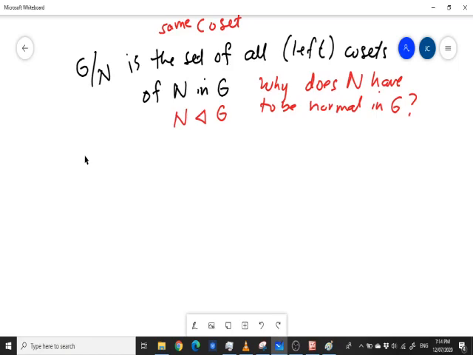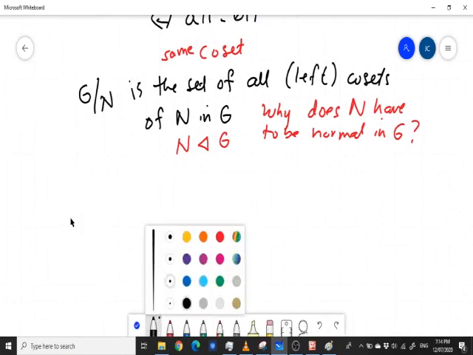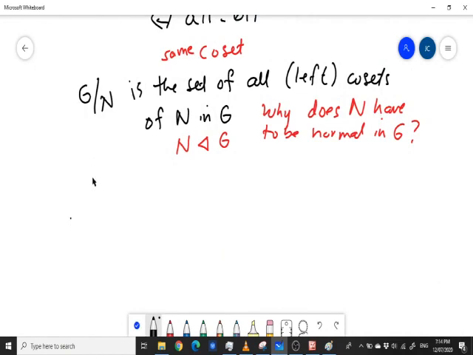The operation defined is you have two cosets, say A n and B n. And how do you define the operation between them? So basically, their product is just this. This is their definition, rather, the operation.